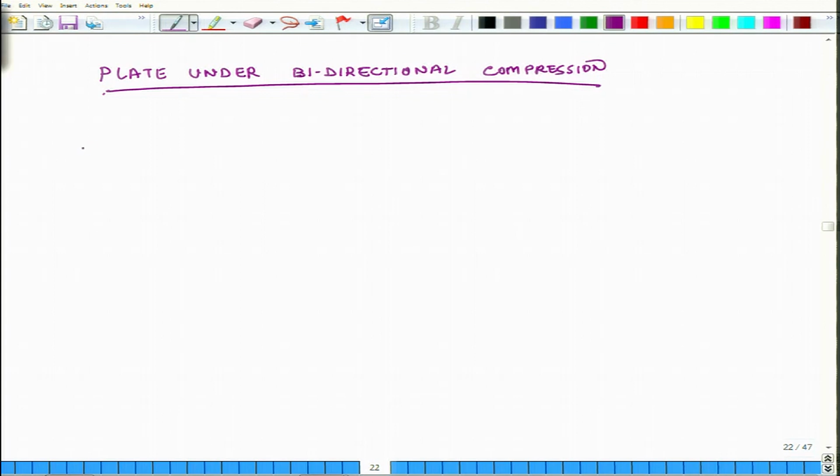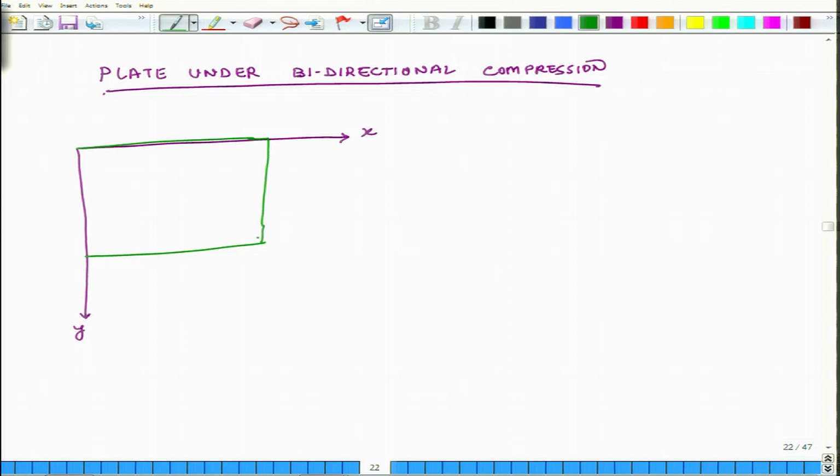This is x, this is y, that is my plate. This dimension is b, this dimension is a.